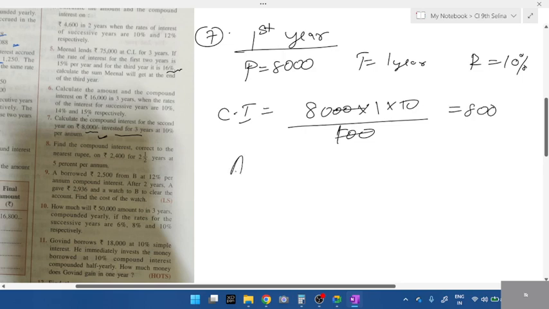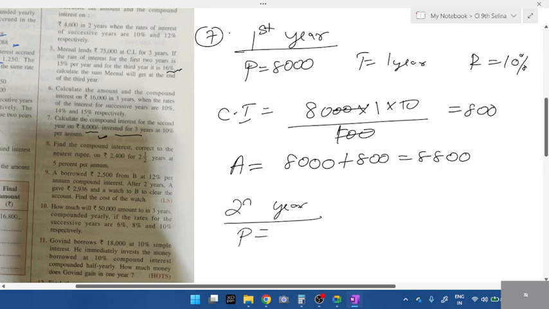And for second year, before calculating second year, we need to find the amount. 8,000 plus 800 is 8,800. Right, second year. For second year principal, and you have to write all this data, students. This data is important. If not, they'll reduce marks.